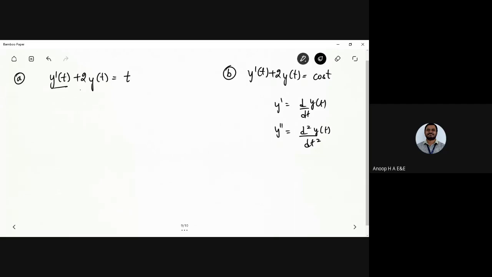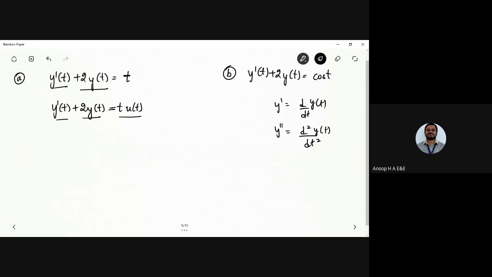Now y dash of t plus 2y of t equal to t. Can I write it like this? I know that, just look here, y dash of t plus 2y of t would be equal to t times u of t.